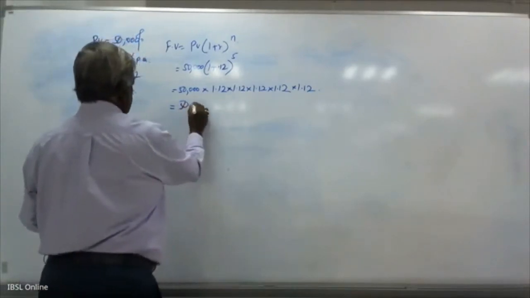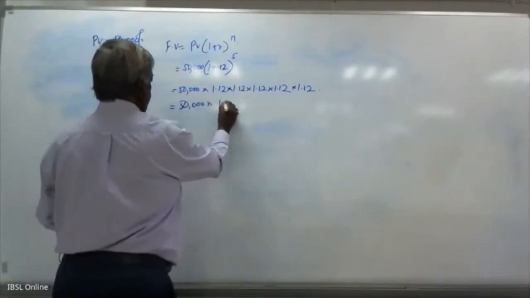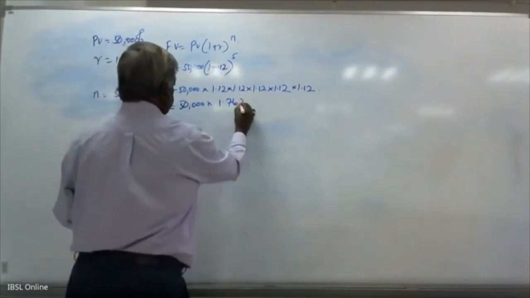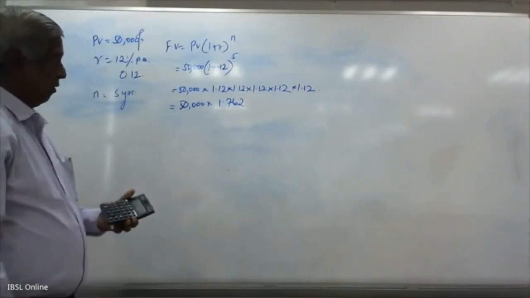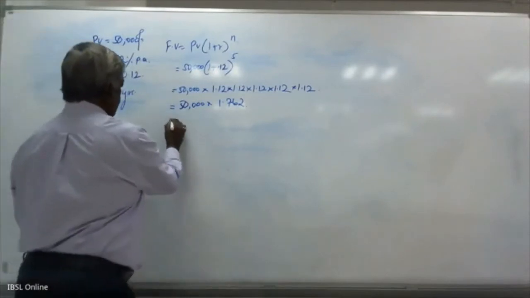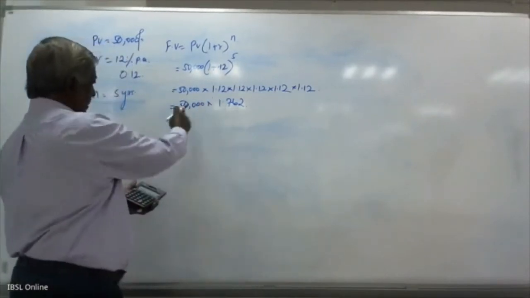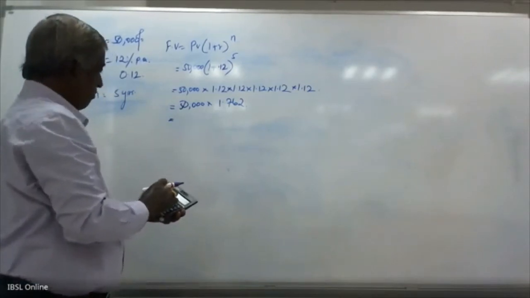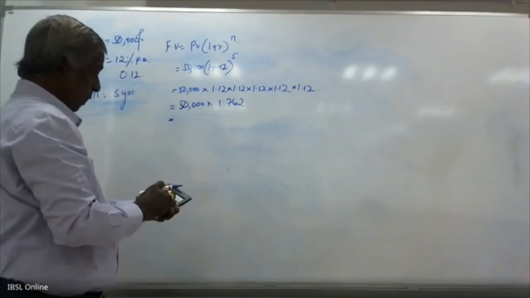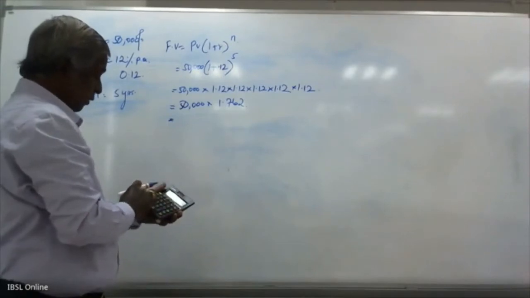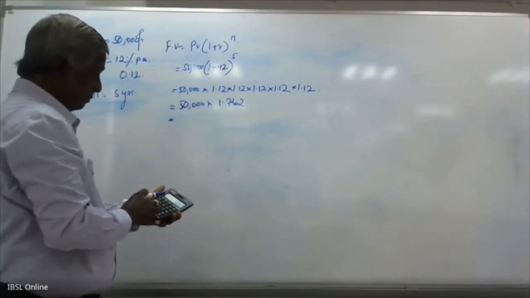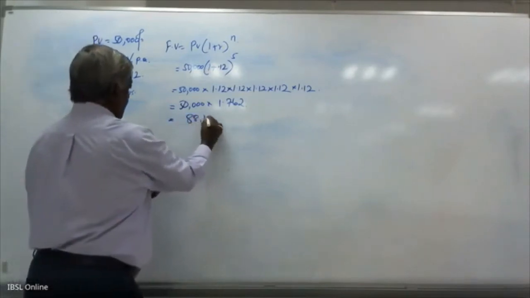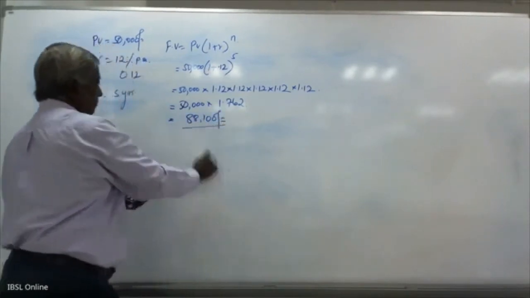So now you have to multiply this by 50,000. 1.762 into 50,000 is 88,100 rupees. That is the answer.